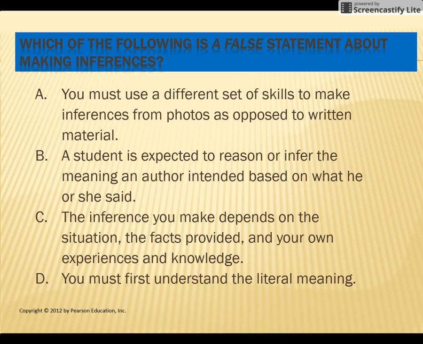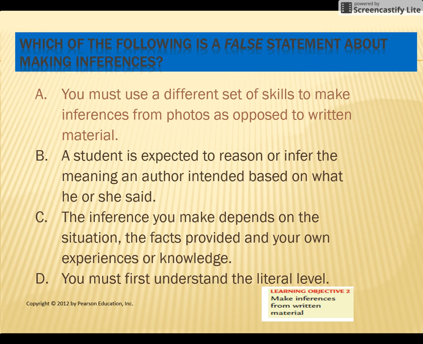Again, pause the video if you need to take some time to read all of the choices. Well, you should have answered A. You must use a different set of skills to make inferences from photos as opposed to the written material. Okay?